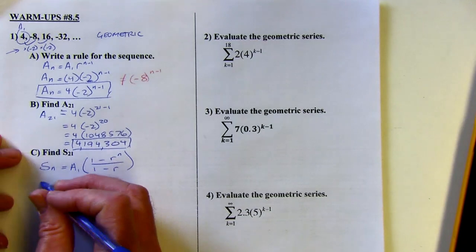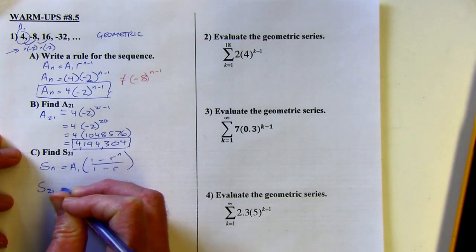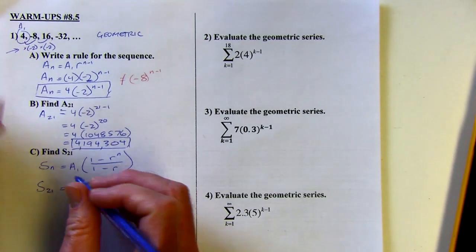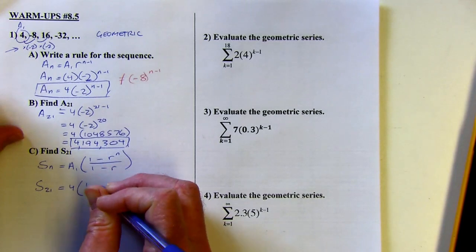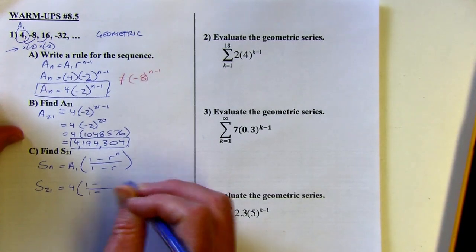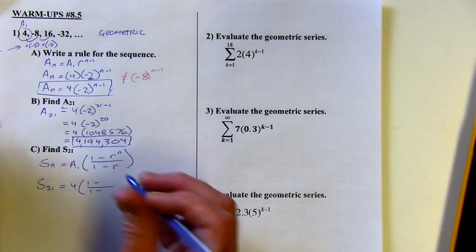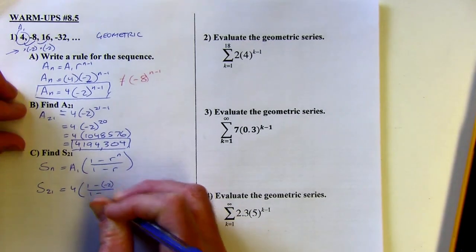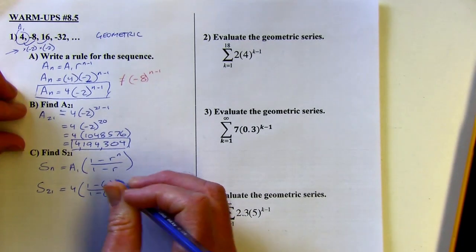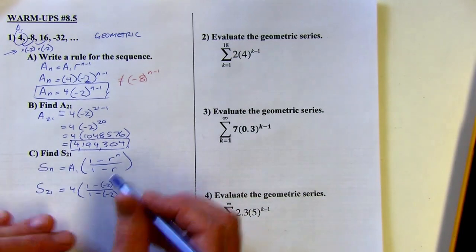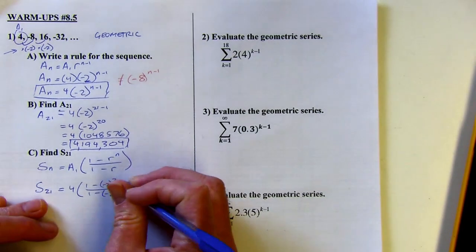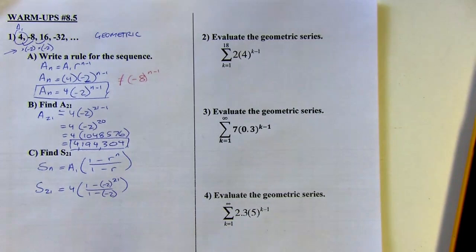So here I'm looking for the sum of the first 21 terms. The first term, I can see the first term is 4. Okay, and then the ratio is -2, so that's going to go in both of those slots. Okay, and then 21 is n, so this is my setup, okay?